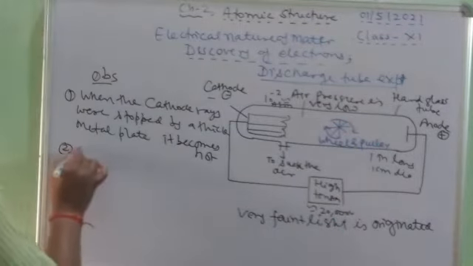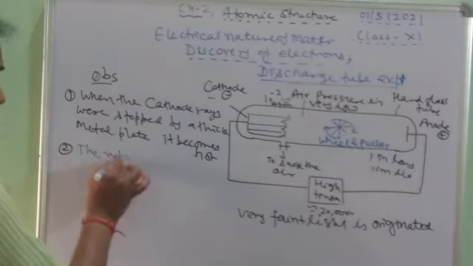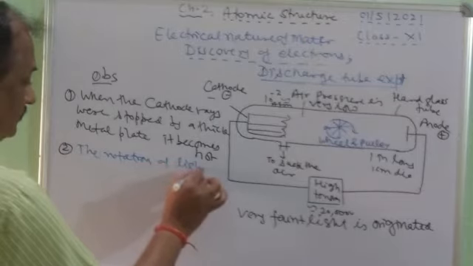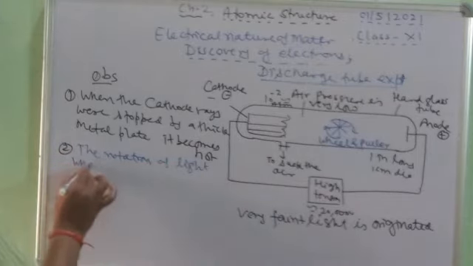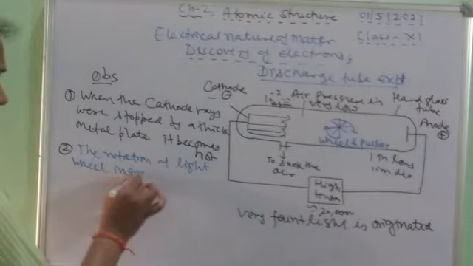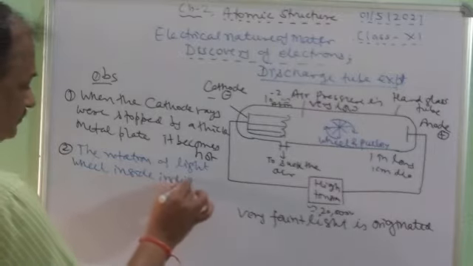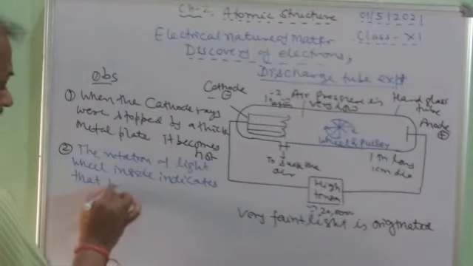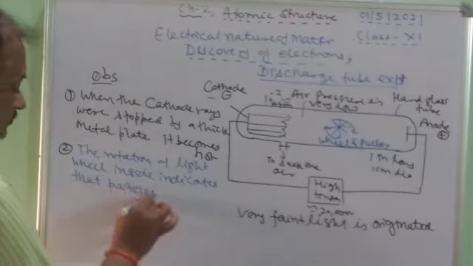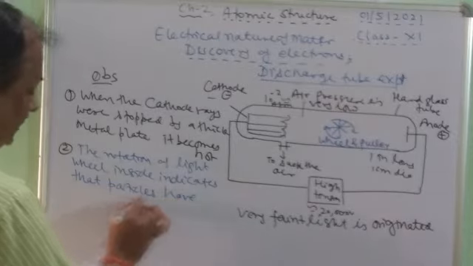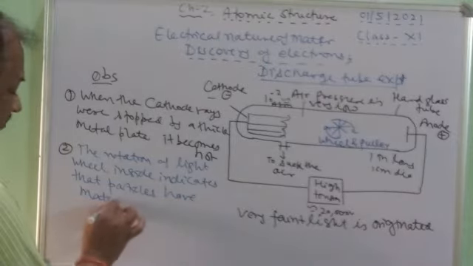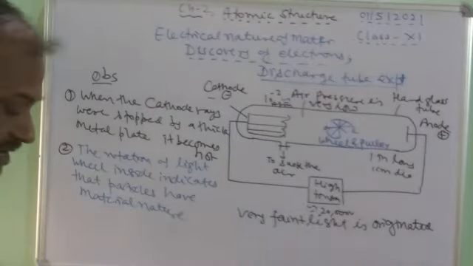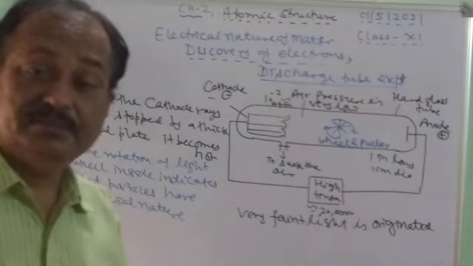The rotation of the light wheel inside indicates that the particles have material nature. They are made up of particles.